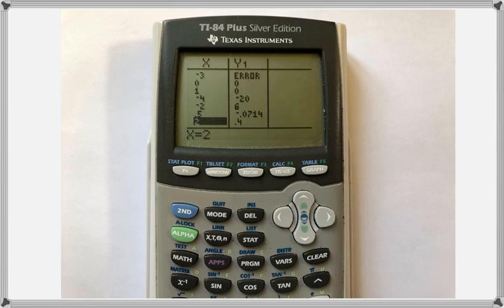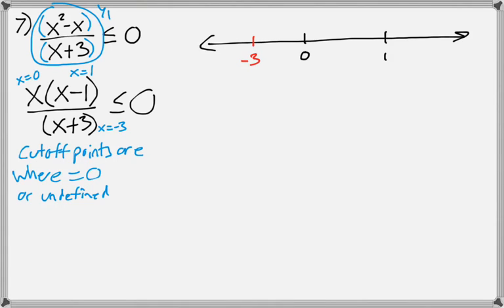Okay, so then I need to pick my cutoff points. You'll notice here that I picked negative 4, negative 2, 0.5, and 2. And I get a negative, positive, negative, positive.